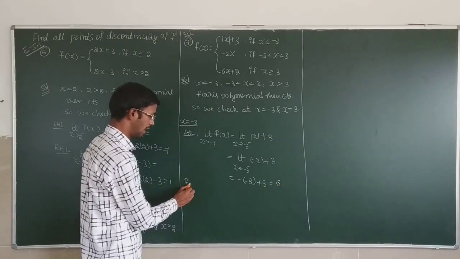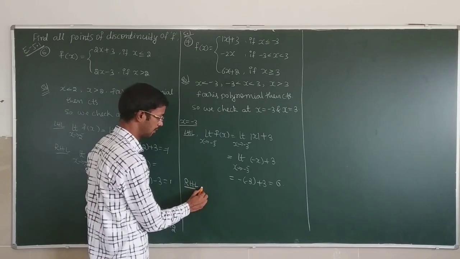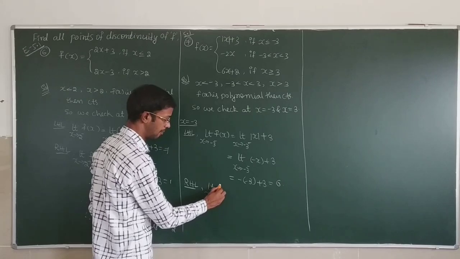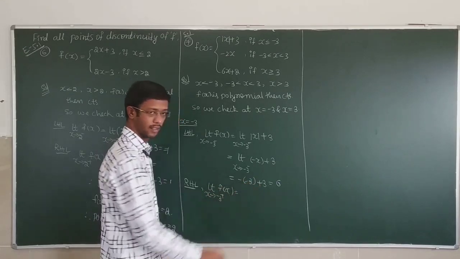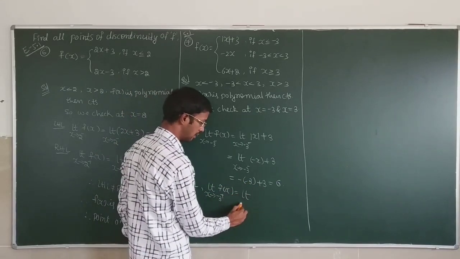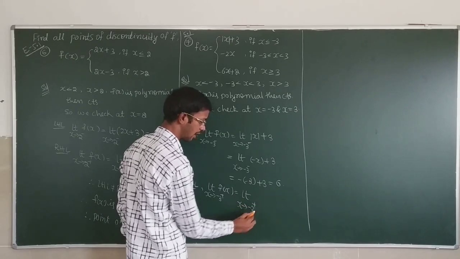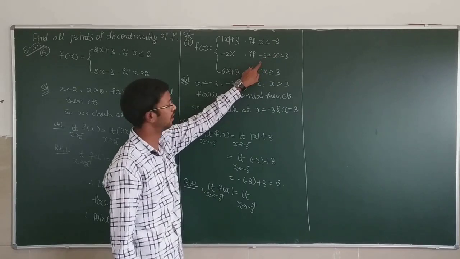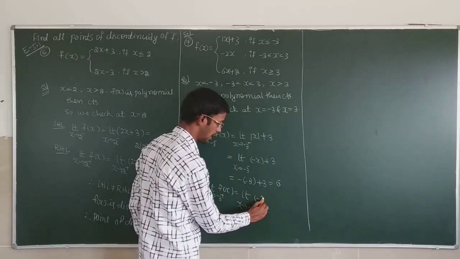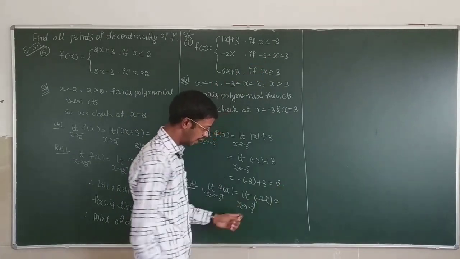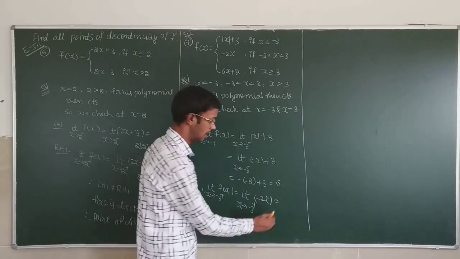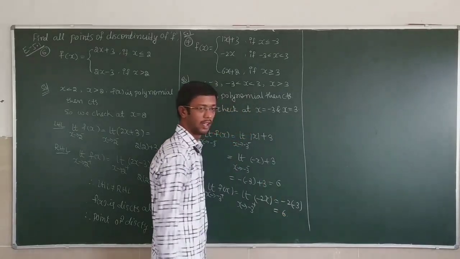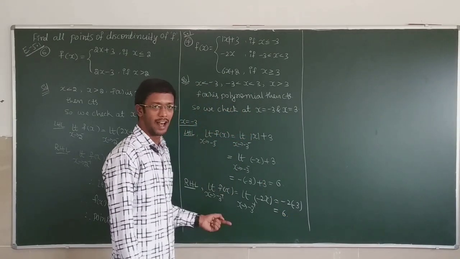Next, RHL part. Limit x tends to minus 3 plus of f of x, where x is greater than minus 3. So that's why we have to take here minus 2x. The x value is approximately minus 3, so the answer will be 6. LHL completed, RHL completed.